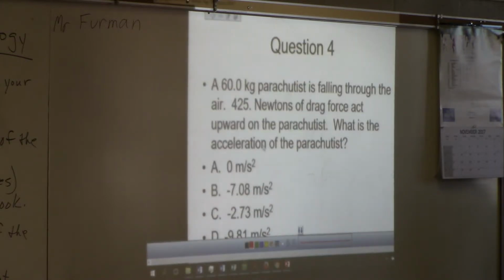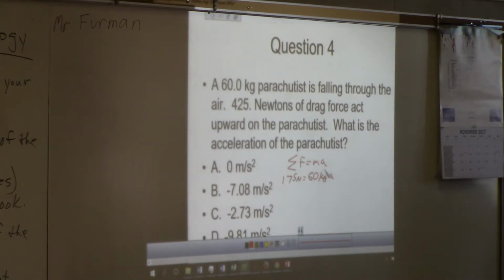Well, now we know something about the net force, and we know the mass, so we're looking for the acceleration. Now this is a straightforward application of Newton's second law. The sum of the forces, 175 newtons, is equal to the mass, 60 kilograms, times the acceleration.